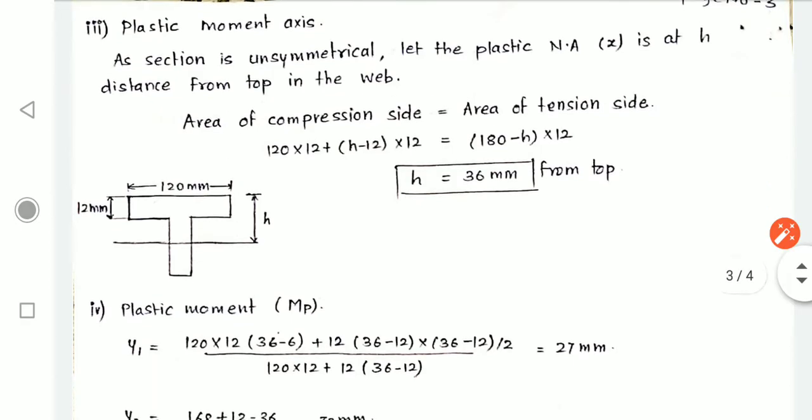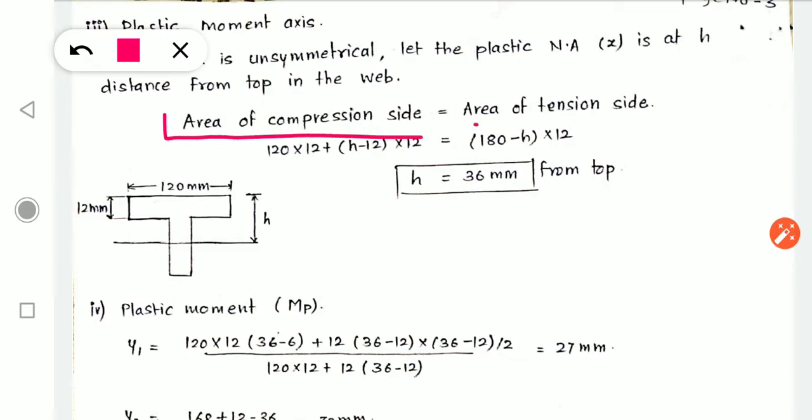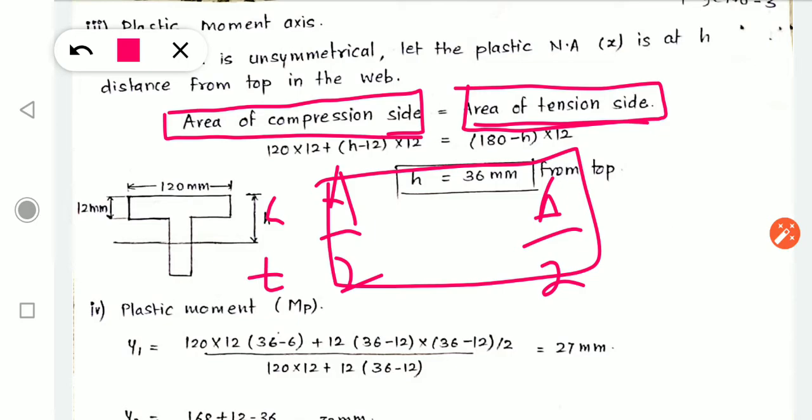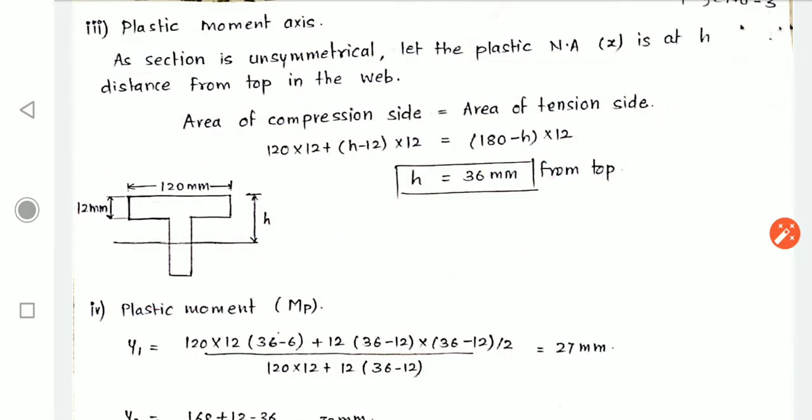Understood? And then we will equate the compression side area to half of the area, or you can simply say compression side area will be equal to tension side area. Nothing but these two areas are 1/2 and 1/2, and once we add them, it will complete the area of the given section.